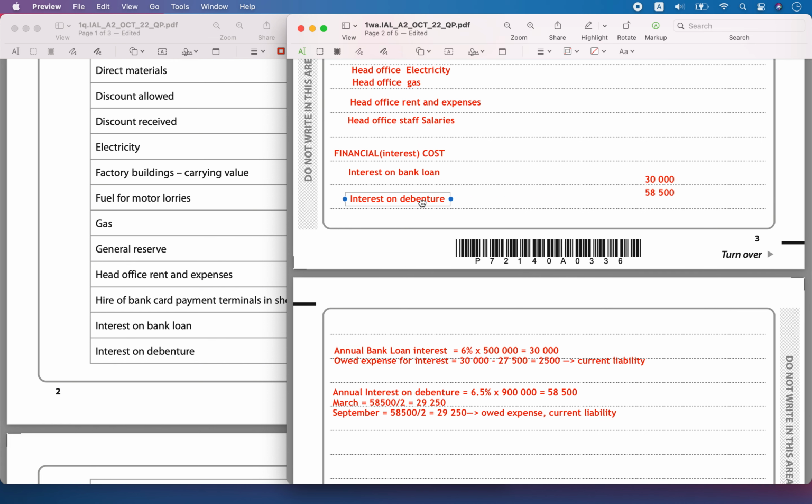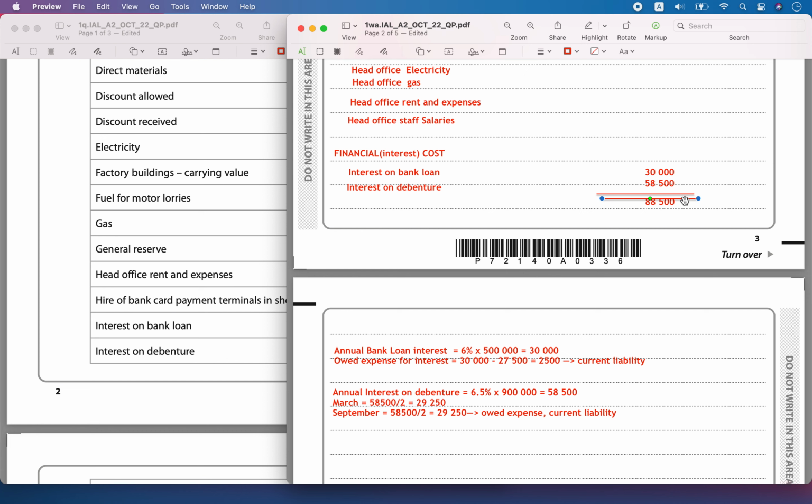So now this is the financial cost. Let's calculate these two, because there is no other financial cost. So let's calculate the total financial cost. 30,000 plus 58,500 is equal to 88,500.